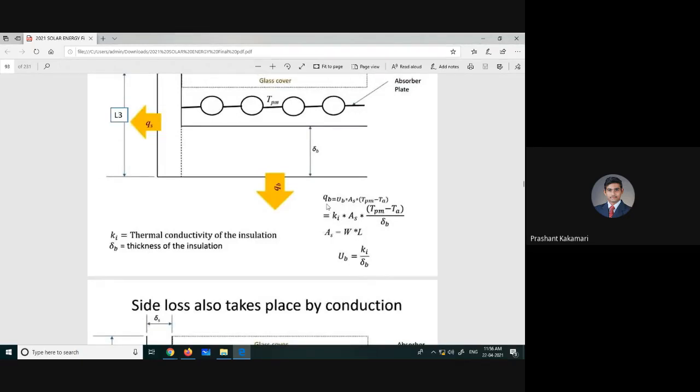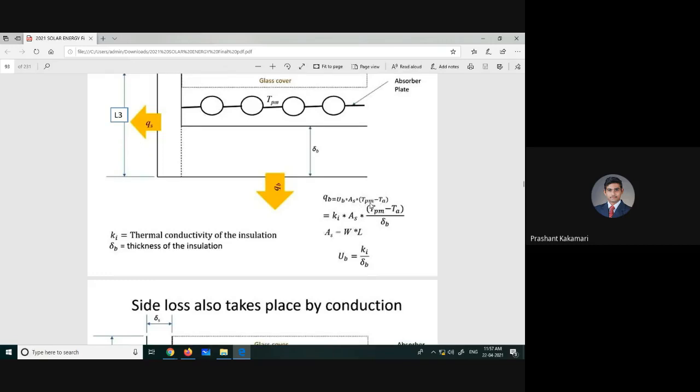As from this equation, you can see from the bottom, whatever the heat loss coefficient is, I can write it as heat loss from the bottom side. I can write it as UB because we may not know whether it is convection or conduction. So we can use this overall heat loss or combined loss coefficient UB, the area of the bottom surface, I can consider AS, and temperature difference.